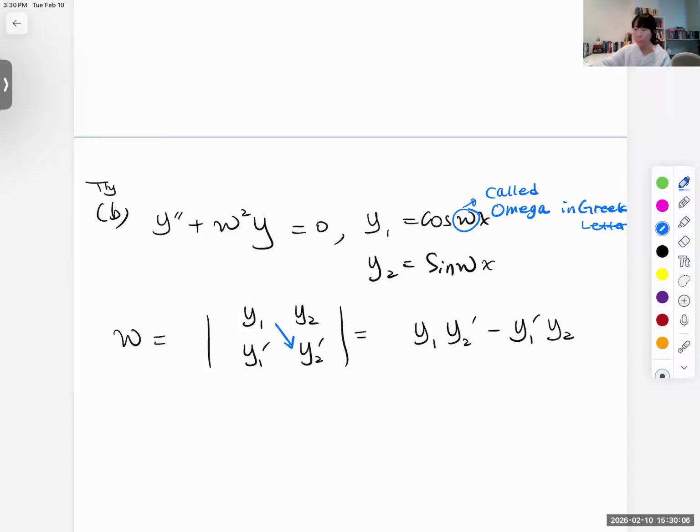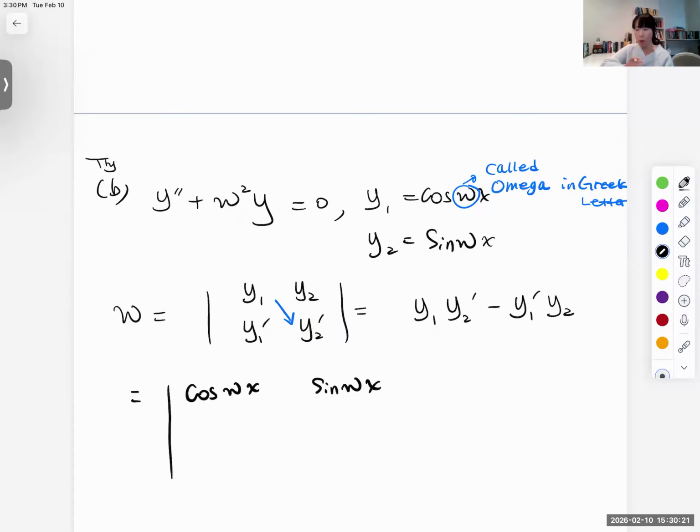So omega. Now let's make y sub 1, which is cosine omega x, y sub 2, which is sine omega x, and y sub 1 prime, which is cosine omega x, then times omega, right?